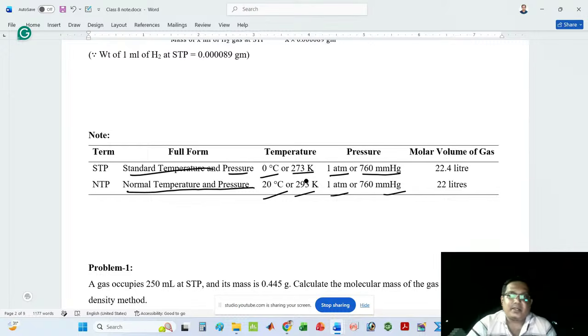In STP, the temperature is 0 degree centigrade. In the mole concept, I will clearly explain the relationship between volume and mole. In NTP condition, the volume is slightly different. That is, in NTP condition, the volume is 22 liter.